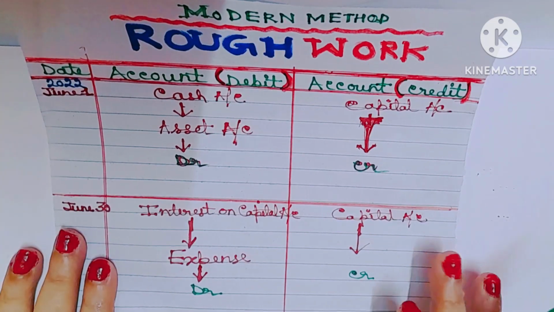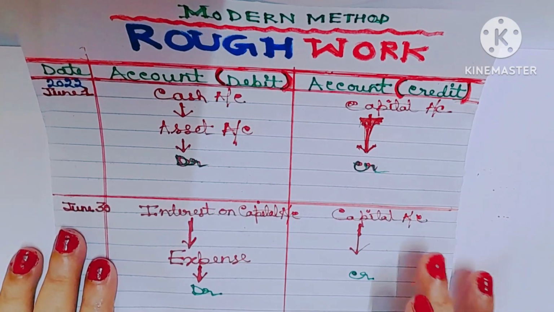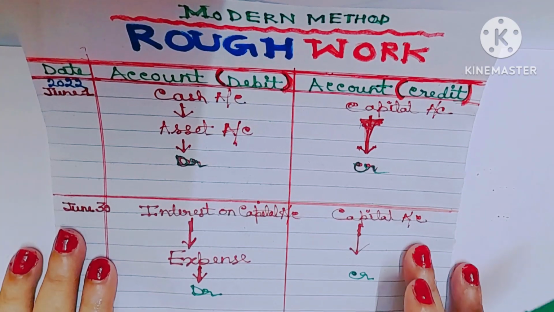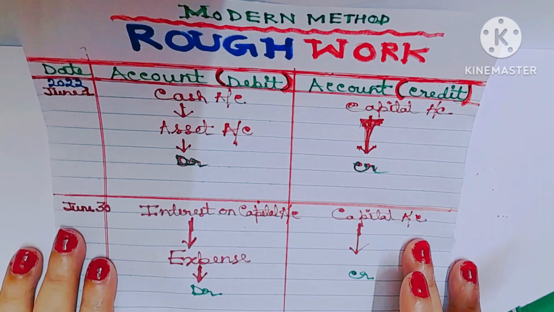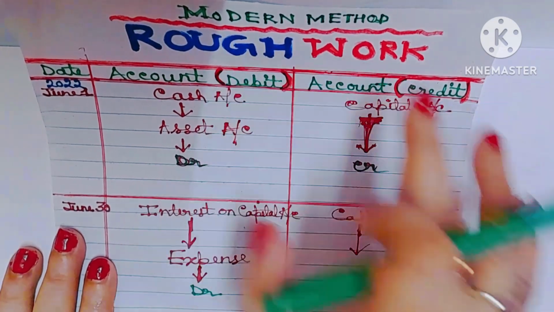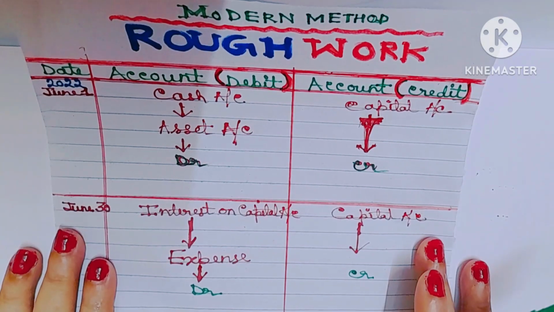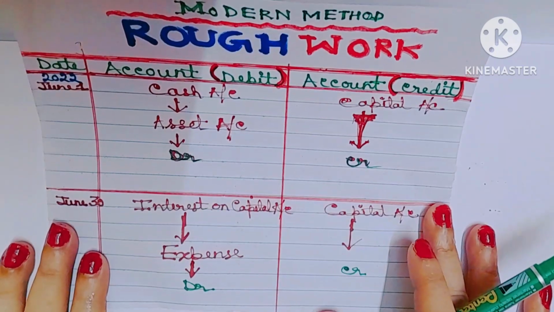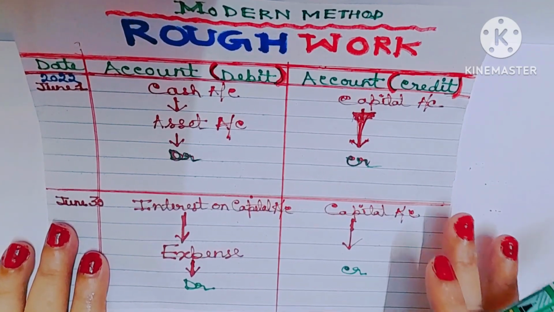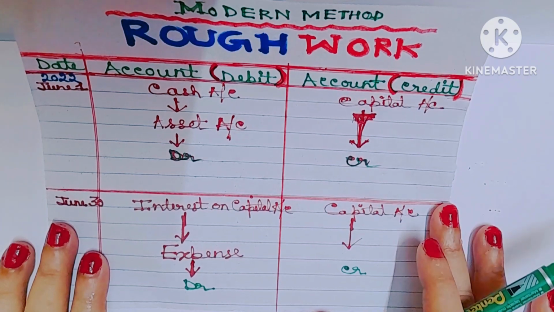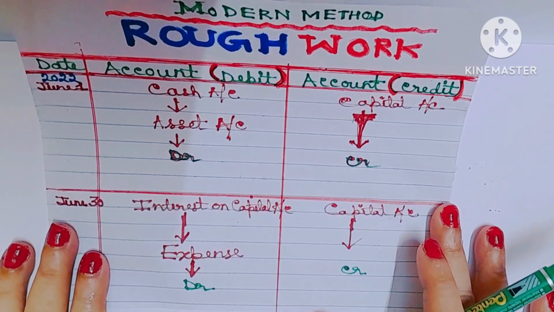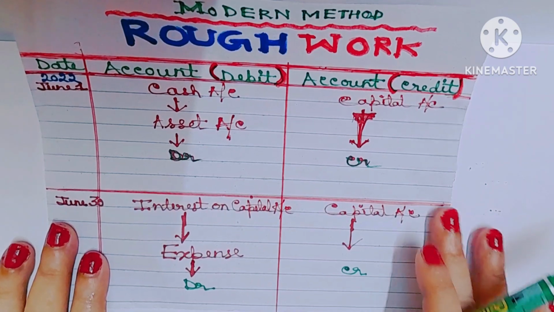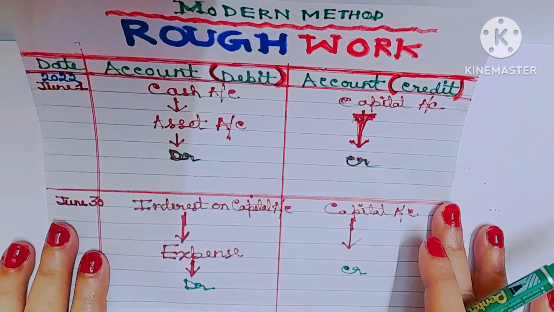I have shown you how to apply logically the traditional method, that is the 3 golden rules of accounting, and how to apply the modern method, while doing journal entries. I hope you understood and everything is clear now.